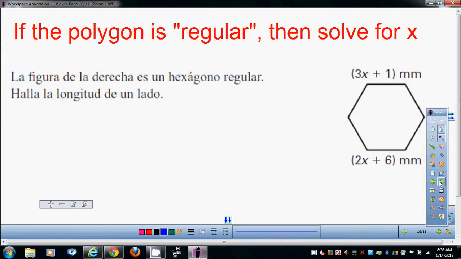Try this one on your own. And I'll pick somebody at random to tell me the answer, so don't blurt it out.